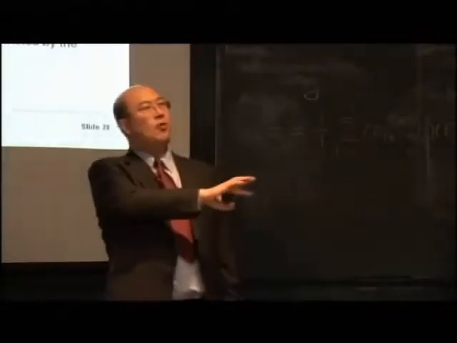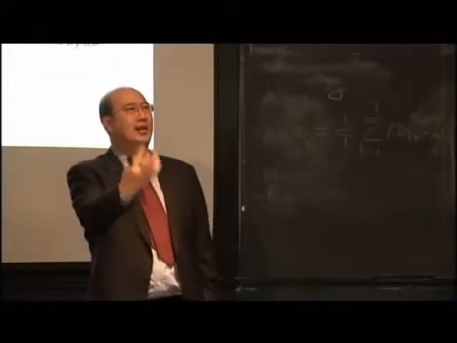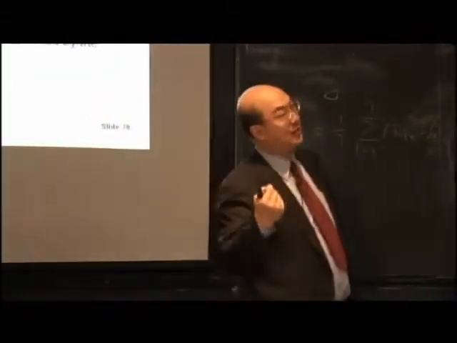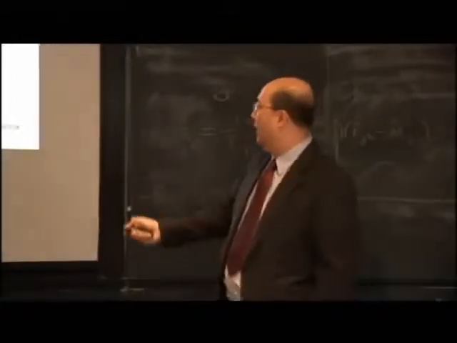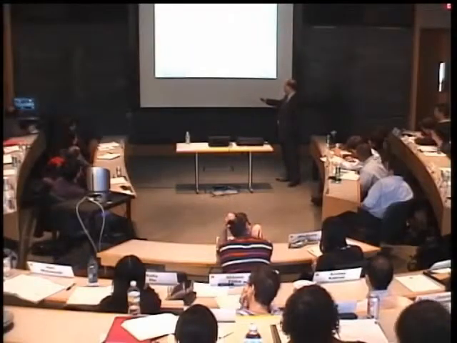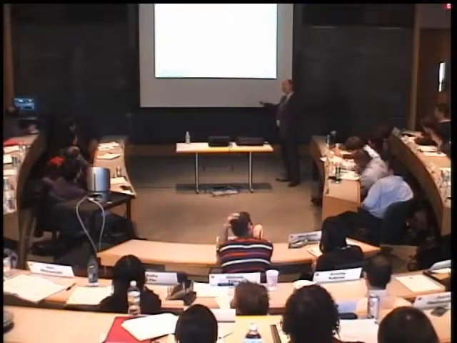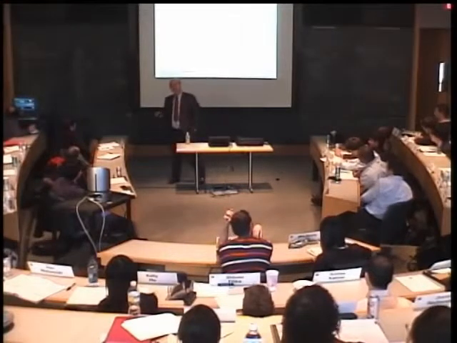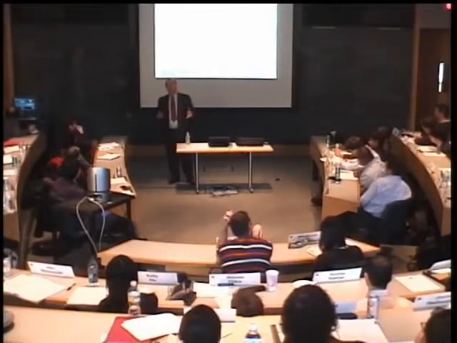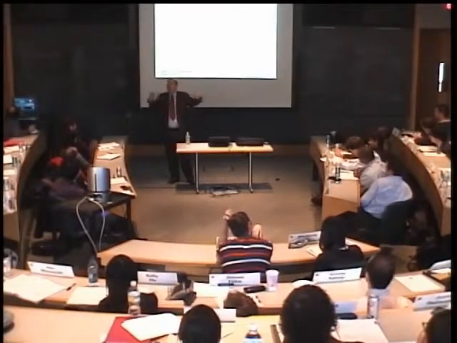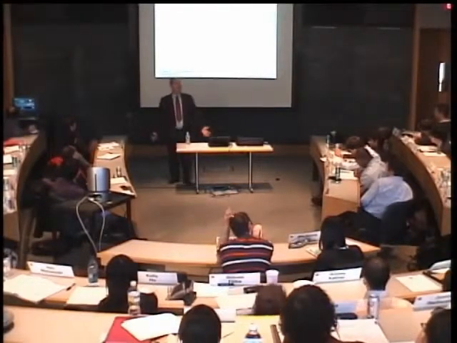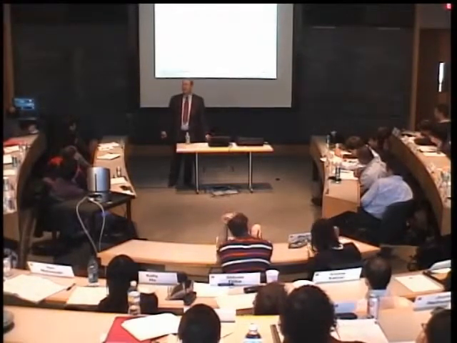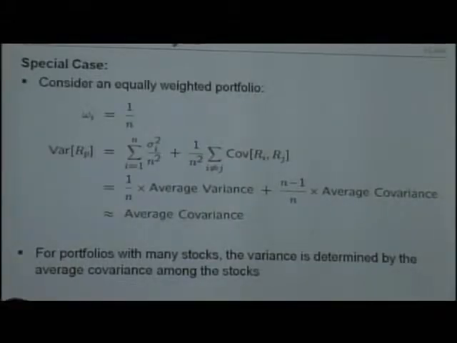So getting back to Lewis's point about what's going on in current markets and what caught a lot of portfolio managers by surprise with the subprime markets: if the risk of your portfolio is approximately given by the average covariance, and you've been assuming all along that you've got this big pool of mortgages, and the mortgages are all uncorrelated, you've essentially assumed that you've got virtually no risk, because the average covariance by assumption and by historical analysis is close to 0.